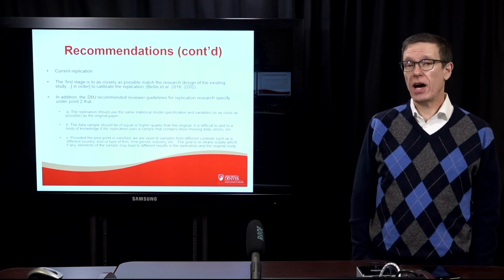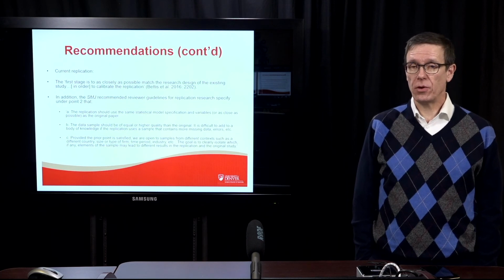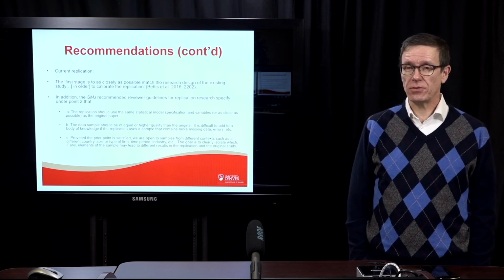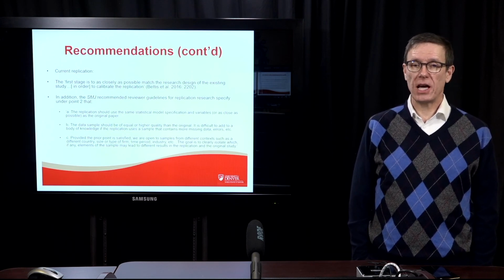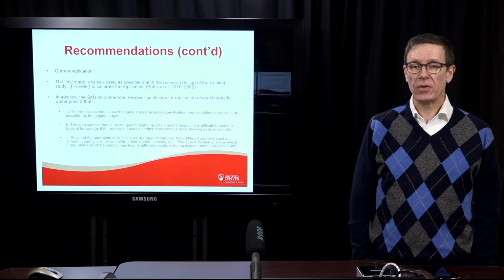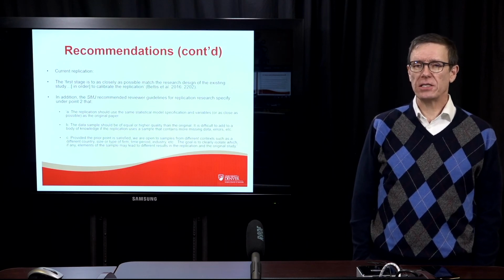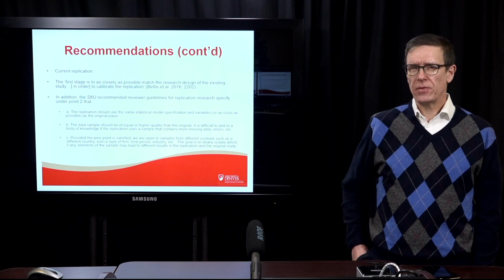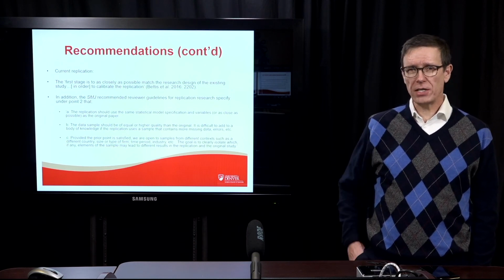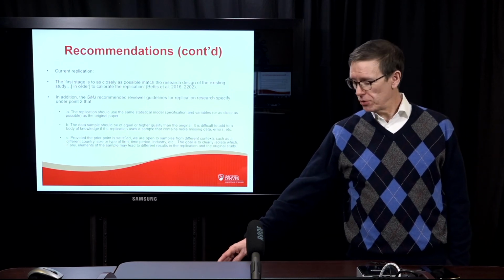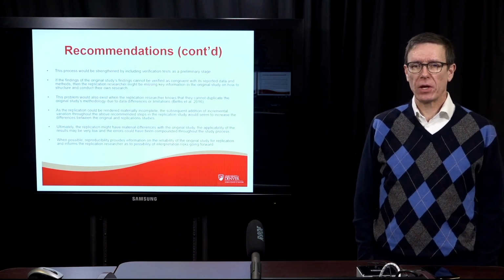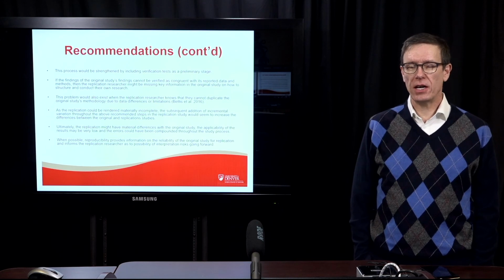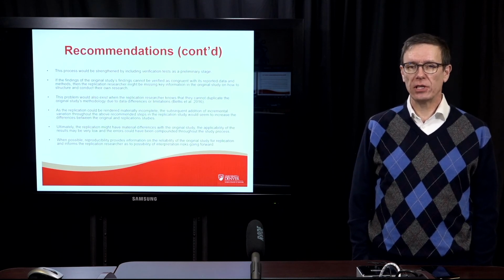In addition to that, SMJ has provided reviewer guidelines for how to assess replication research, where they tell us to try to understand how the models compare and examine the quality of the data, the analyses as well, and measures. These are very sensible, reasonable, and logical recommendations. But this process would be strengthened by including these verification tests, or reproducibility, as a preliminary stage.